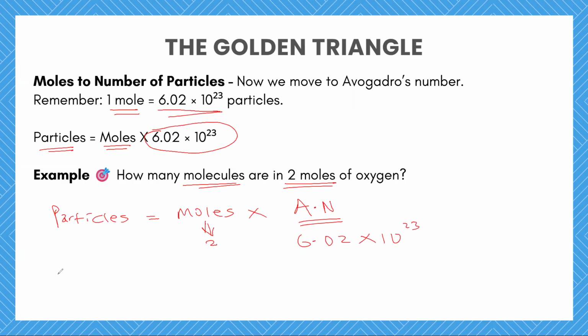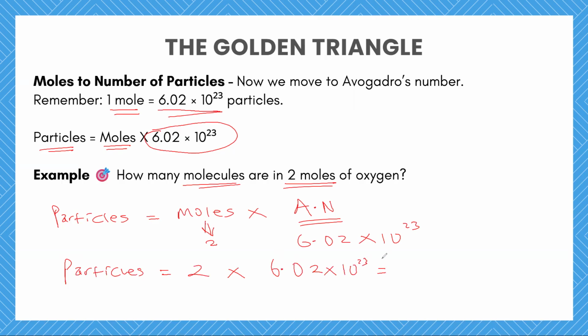So we simply say the number of particles present equals 2 multiplied by Avogadro's number, 6.02 times 10 raised to the power of 23.